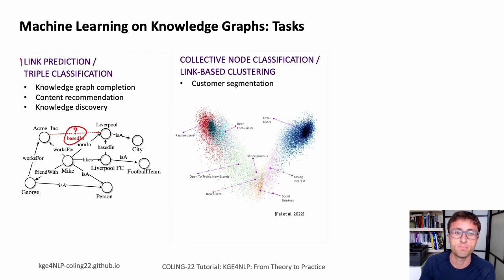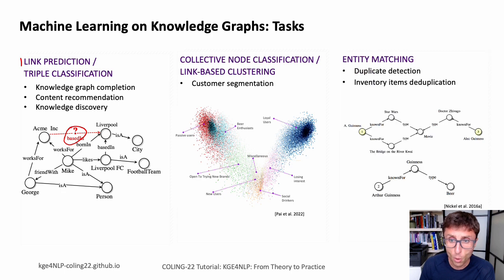It goes beyond that. We can use these techniques for collective node classification, also known as link-based clustering. So pretend you're working in a customer segmentation use case, and you can leverage a knowledge graph to group similar customers together, right? Like in the picture here.